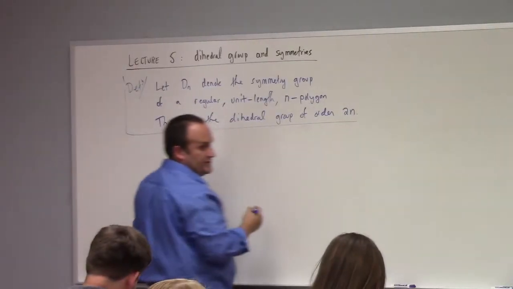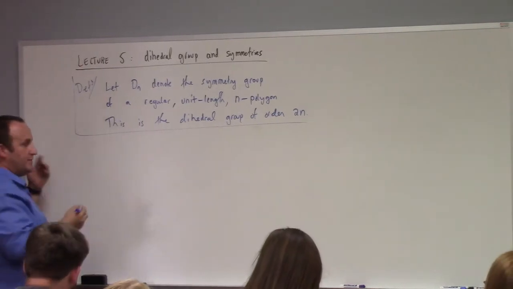But how much of what I just did actually comes to bear as we work on examples of dihedral groups going forward in this course? Not that much, actually. But I think it's important to understand the origin of this group, and the origin of this group is largely geometric, right?